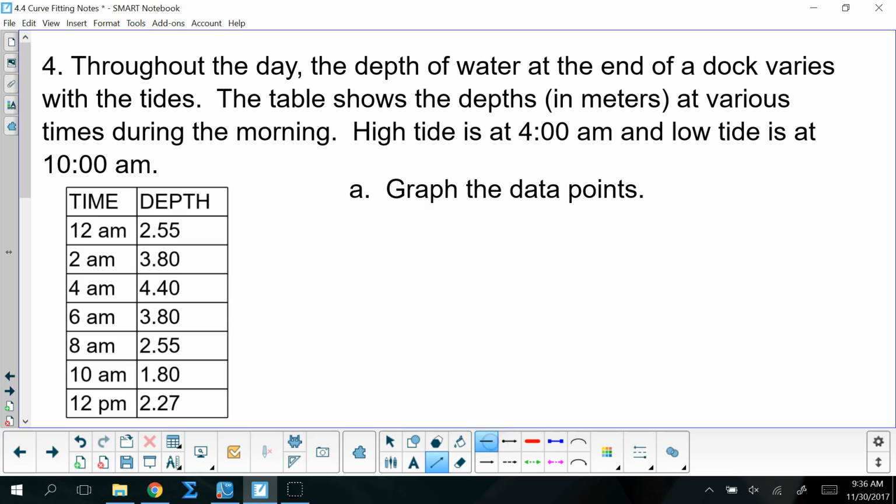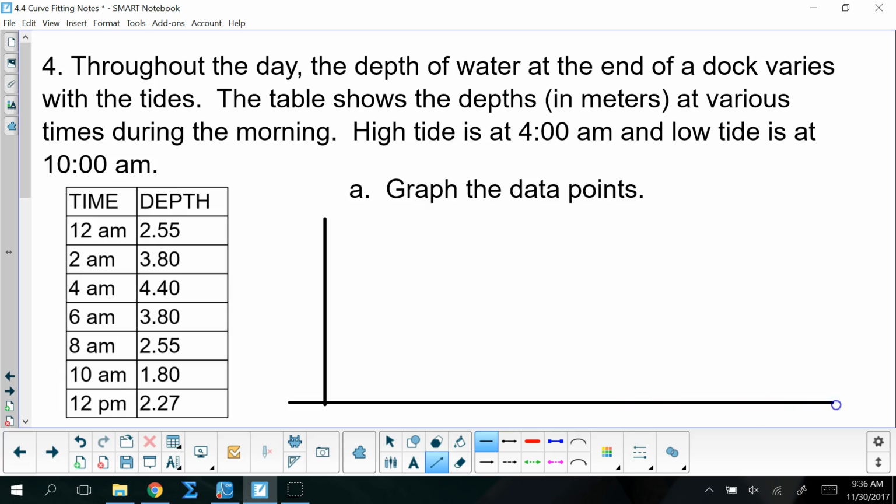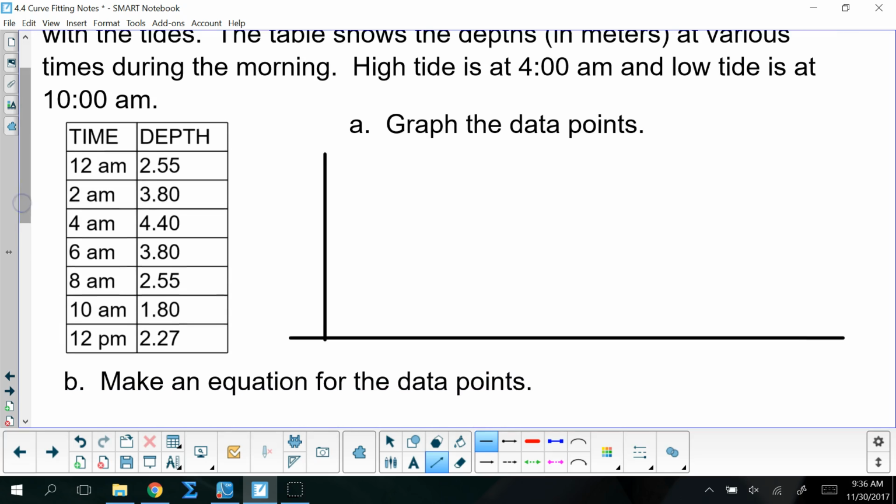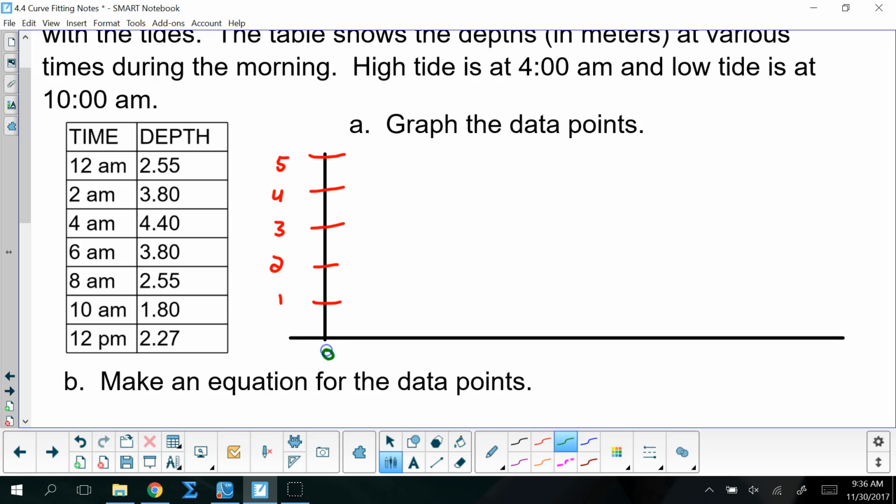Okay. 1, 2, 3, 4, 5. That's my depths. 0 is going to be at midnight, right? 2.55.